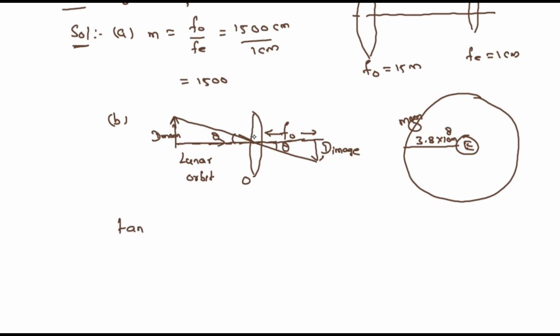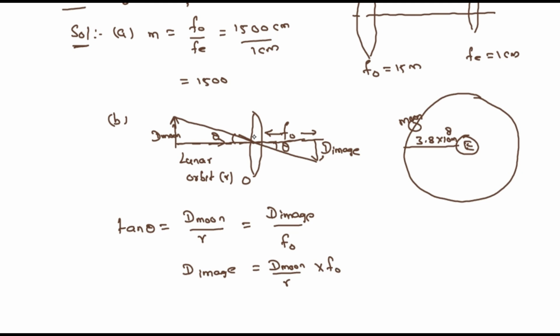Tan theta is equal to diameter of the moon divided by lunar orbit, suppose say R, that is equal to diameter of the image divided by the focal length of the objective. From this, the diameter of the image is equal to diameter of the moon divided by R into F0.